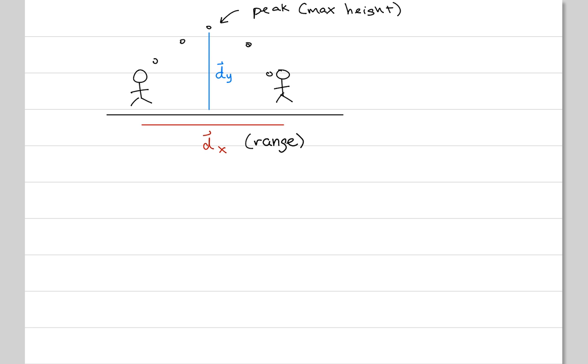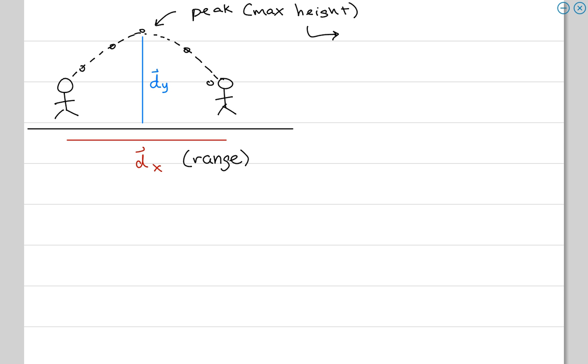And if they ask for the peak, they're asking for what was the maximum height that the ball reached. Okay. And just a note on this maximum height, because of this idealized situation, the path of the ball is completely symmetric and parabolic. So you have this symmetry, this parabolic path, so to speak.